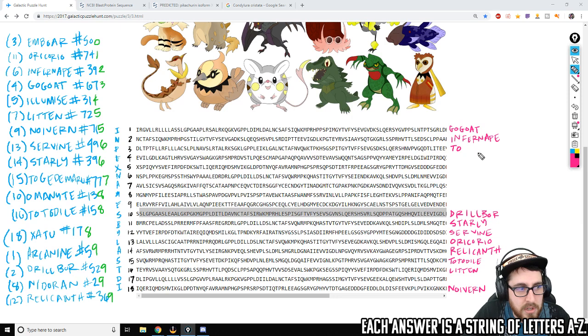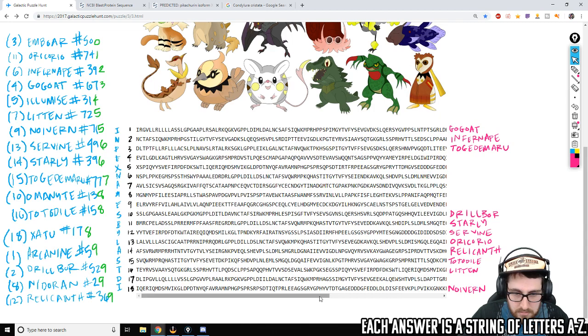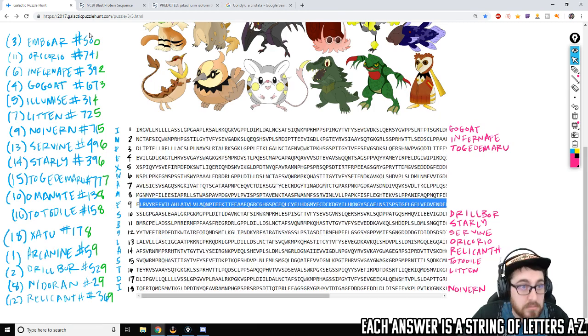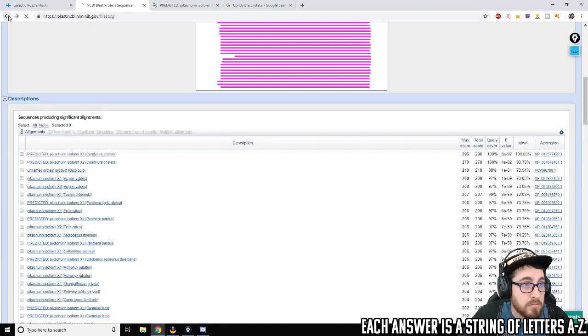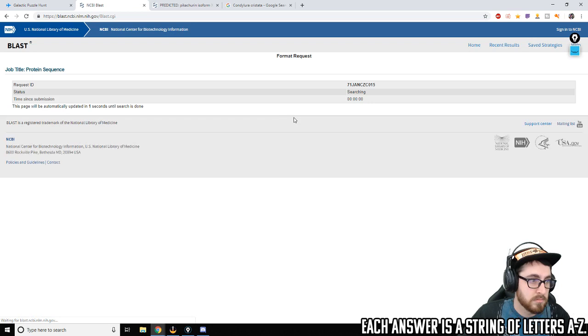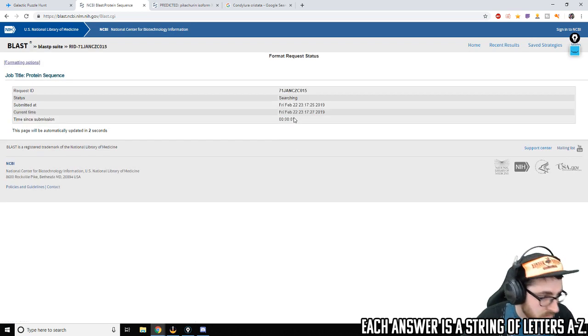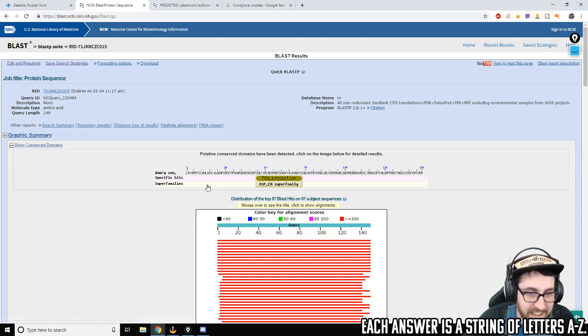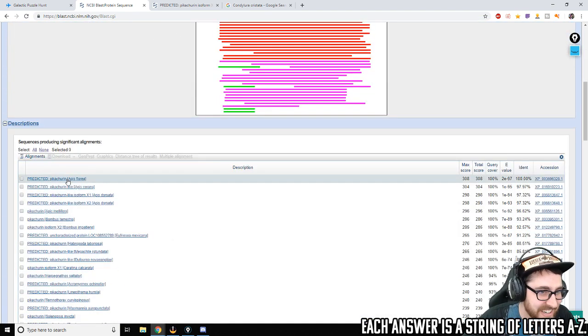This one is the... Togedemaru. Yeah, that's fair. That's fair.